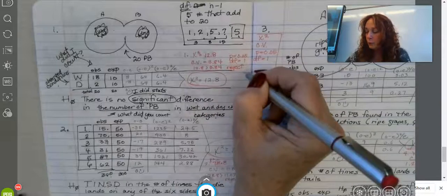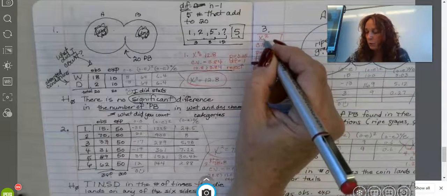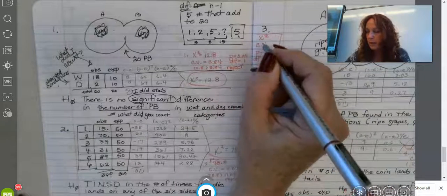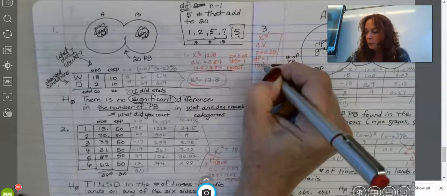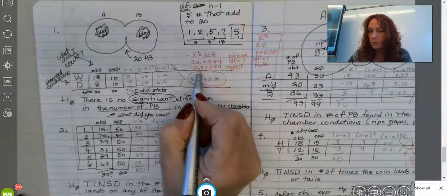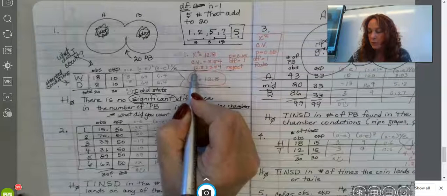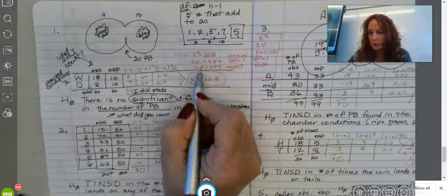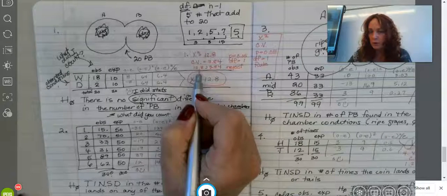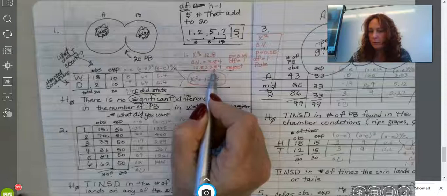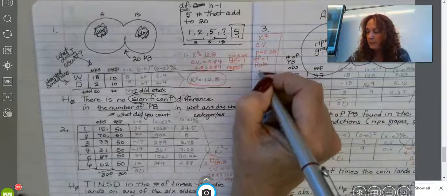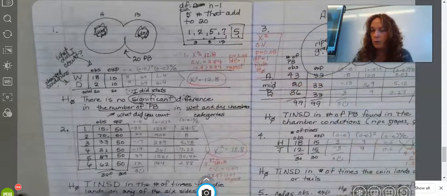My math rule is always, what did you get for your chi-square? How does it compare to your critical value? So you want your rule. So my rule is right here. My chi-square is 12.8. I go first. My answer goes first. I'm going to write it's larger than my critical value, and then you have to decide what you're going to do with your null.